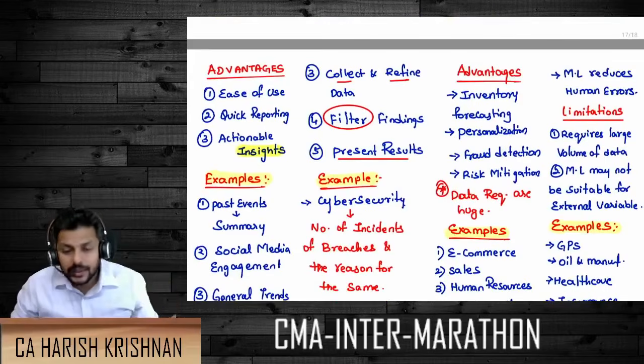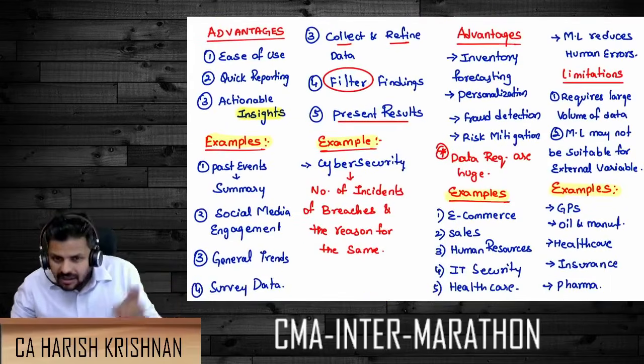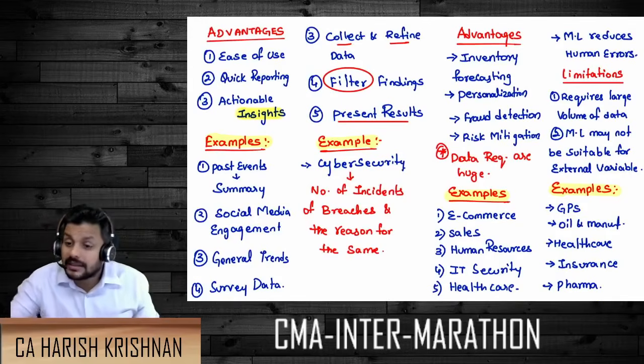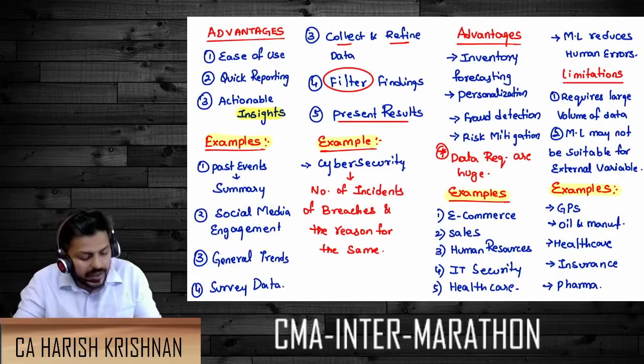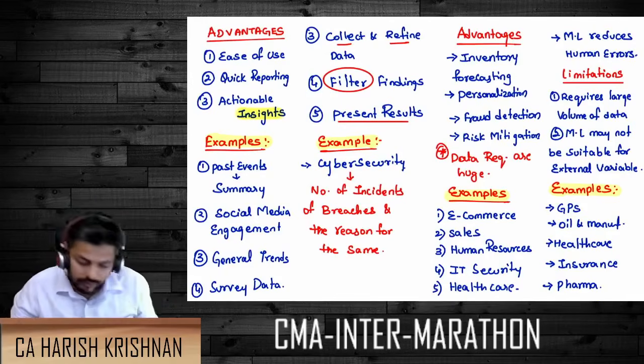So post occurrence of that scenario, you are sitting and digging through all the data to see what went wrong. You're diagnosing, like how you take a blood test and find out what went wrong in that person. So that is called diagnostic analysis.